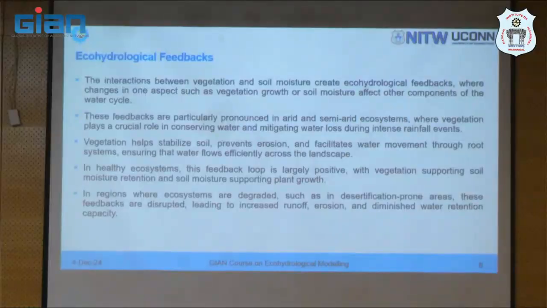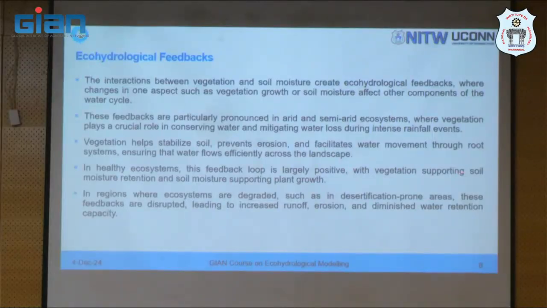Nitrogen, phosphorus, whatever the nutrients are there, that will also be less, and it facilitates water movement through the root systems, ensuring that water flows efficiently across the landscape, right. And then usually in a healthy ecosystem, this feedback loop is largely positive. When I say positive, it means that the negative aspects of it are much less.